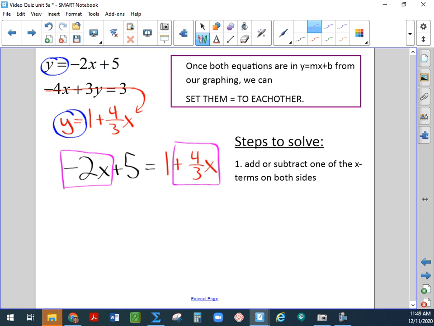It says add or subtract because you have to base it on what you see. Inside the pink box on the right, I have a plus 4/3 x. I'm going to do the opposite: subtract 4/3 x. If I do that on one side of the equation, we have to do that on the other side of the equation.